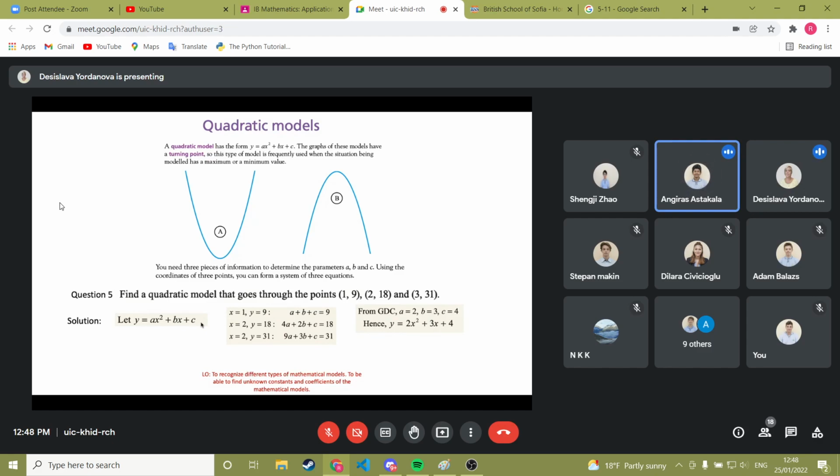When you solve linear equations, no. What about quadratic models? This is a quadratic model, but the equations you get for the coefficients are linear, all of them. Any other questions?